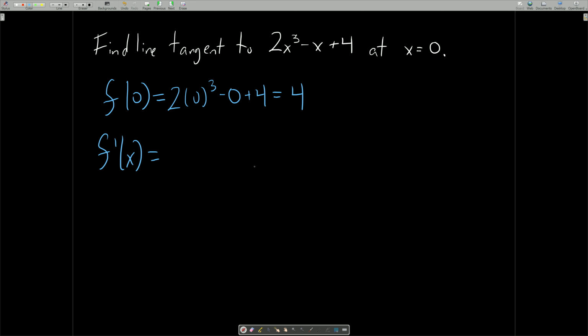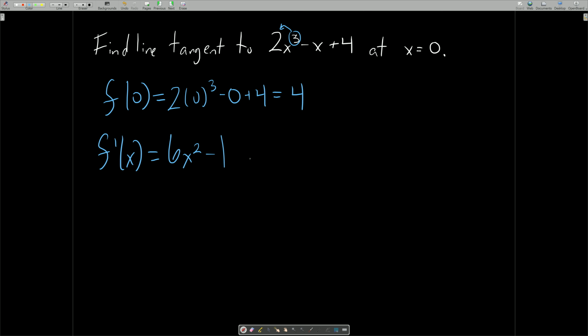Now let's find our derivative. We're going to use the power rule. Take the 2x cubed, multiply this out, so you have 6x, decrease it by 1, so it's 6x squared, minus x goes to minus 1, and then plus 4, that's a constant, and the derivative of any constant, or any number, is just 0, so we're going to leave this out.